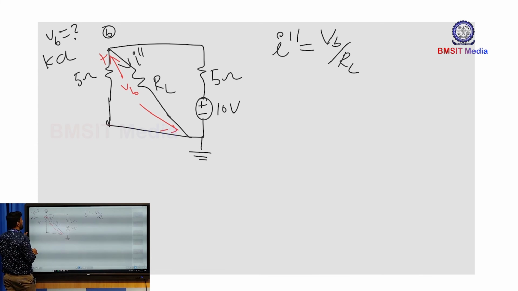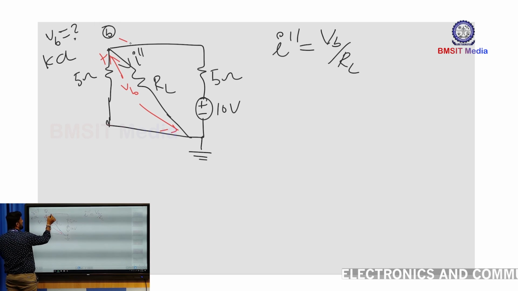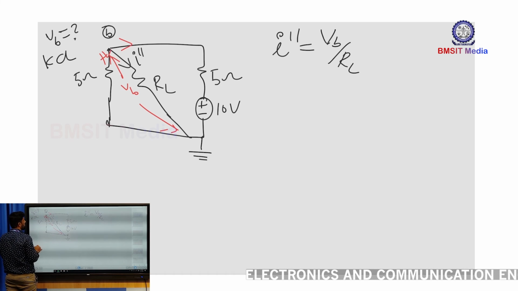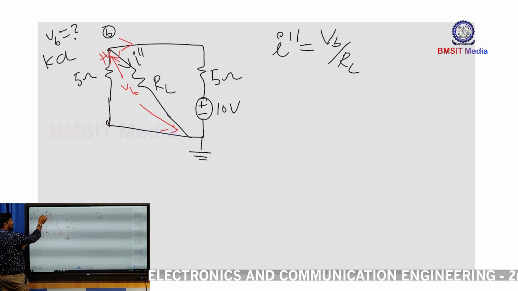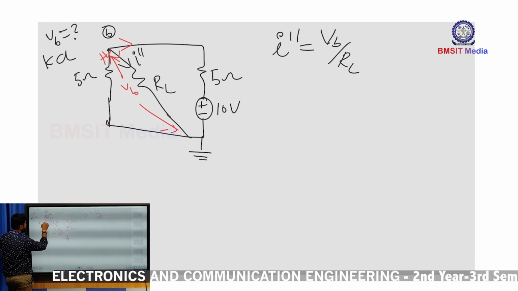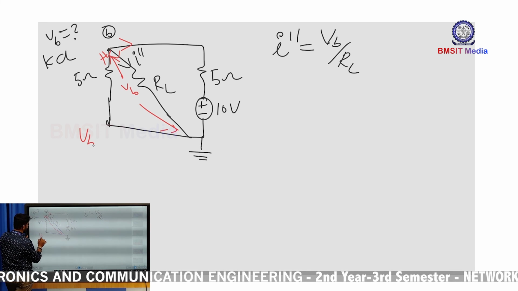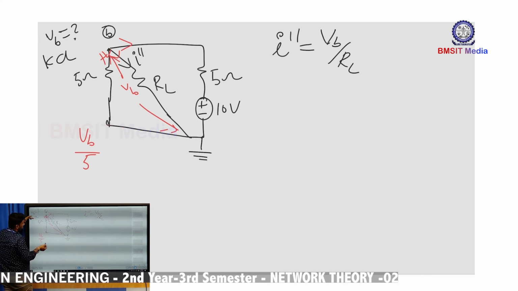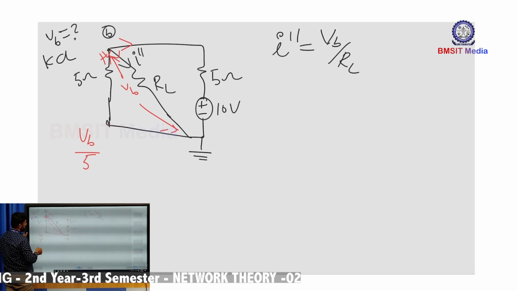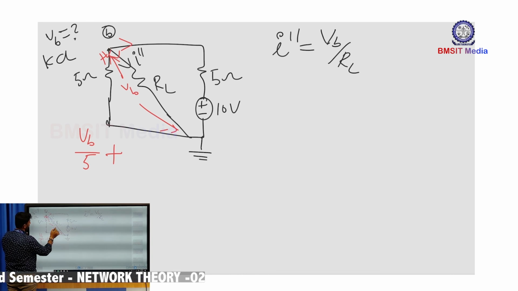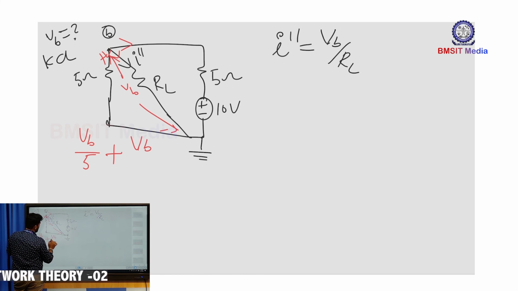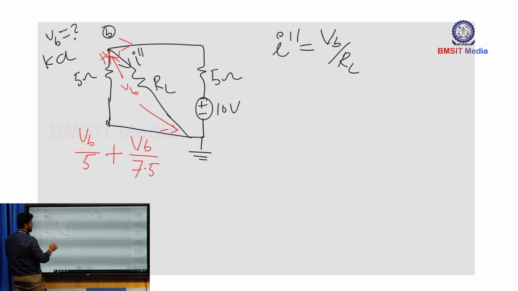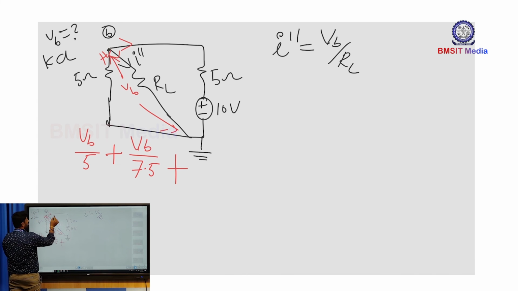Now apply KCL here, with leaving currents. What is the current flowing through the 5 ohm resistance branch? It is VB divided by 5, plus the current through the load resistance, VB divided by 7.5 ohm, which is given in the question, plus the current through this branch.